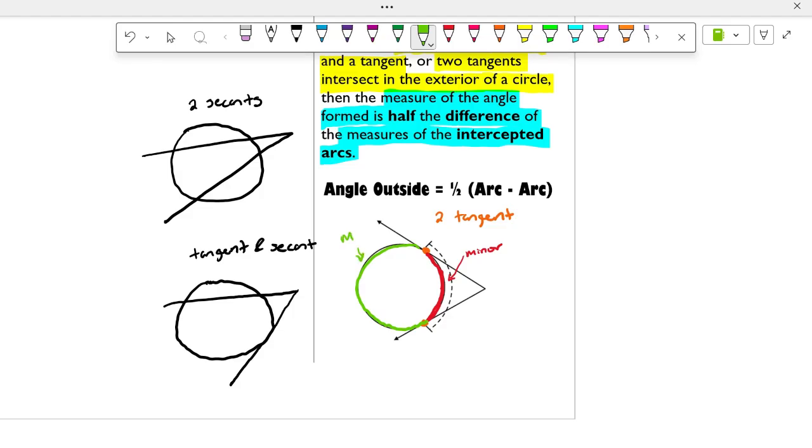So this is your major. Same thing over here. Your minor is the bottom of your ice cream cone. Your major is the top of the ice cream cone. So this one, your minor is still the bottom. Your major is still the top.